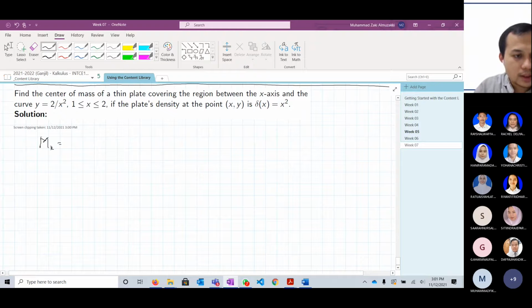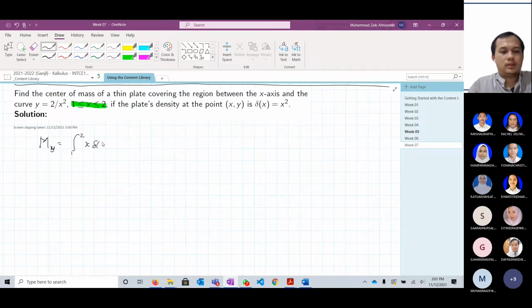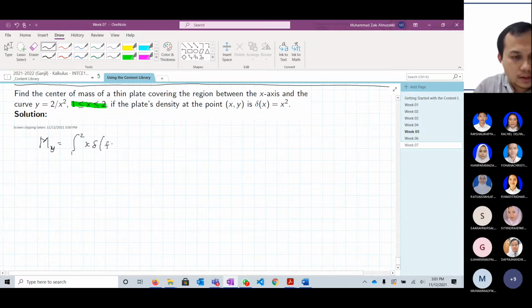The moment about the y-axis, My, is equal to the integral from 1 to 2, from this green part, of x times delta times f(x) minus g(x) dx, which is the integral from 1 to 2 of x multiplied by x squared.